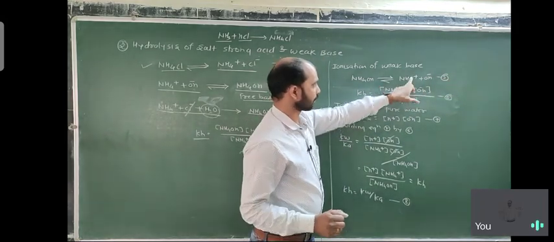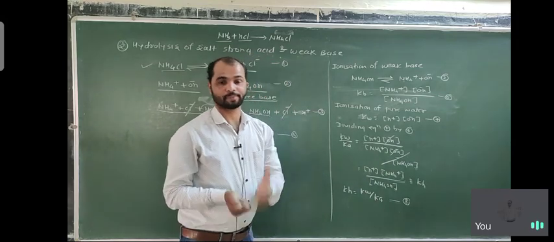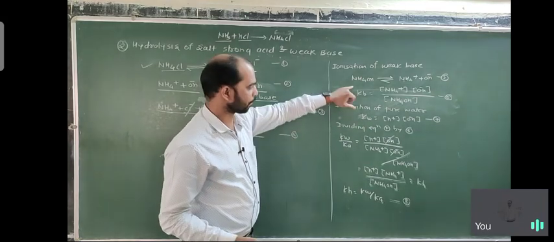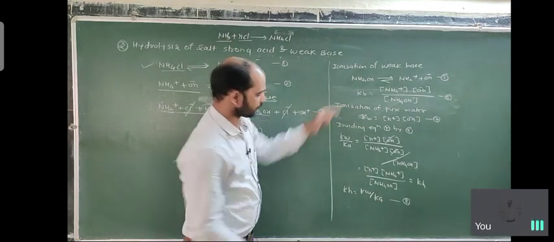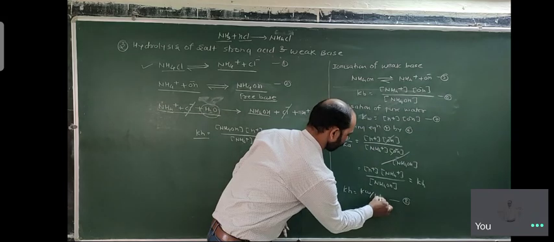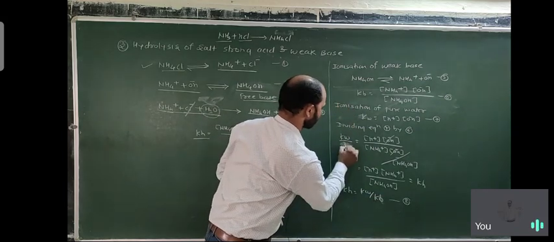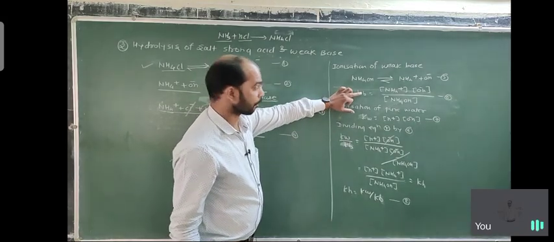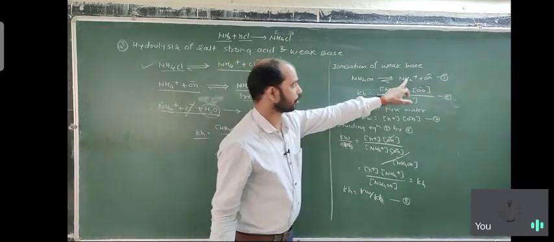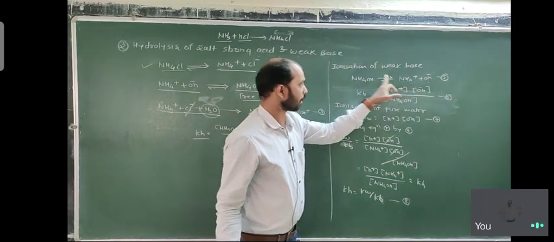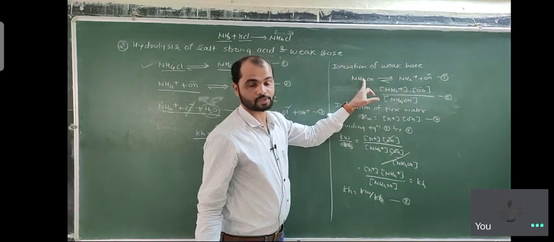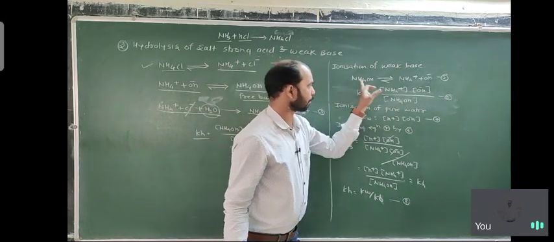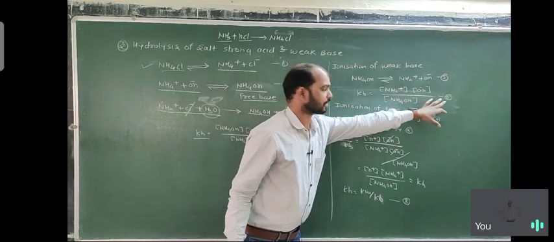Using the law of equilibrium, we can find the dissociation constant of the base, Kb. Kb is equal to the product of products upon the reactant, so NH4 plus into OH minus upon NH4OH. We get equation number 6.